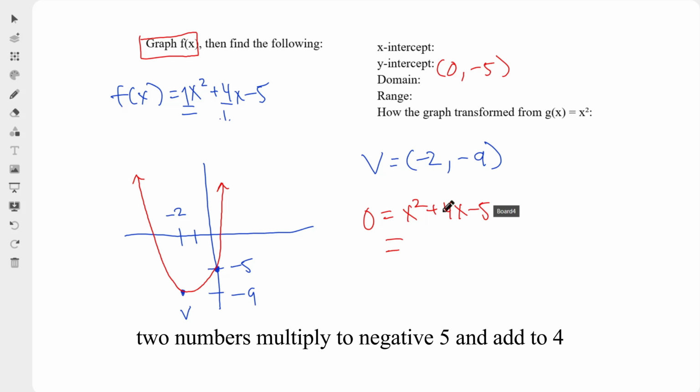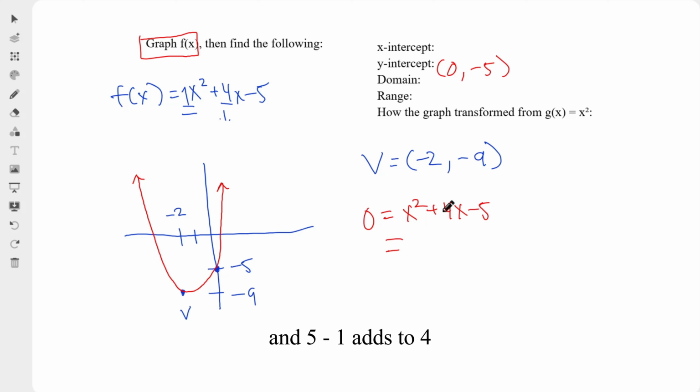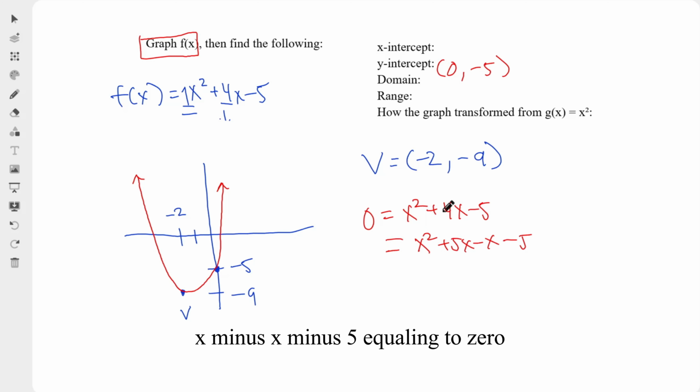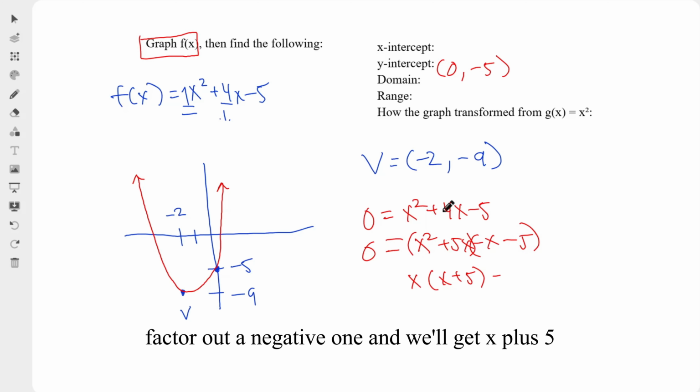So what two numbers multiply to negative 5 and add to 4? Well, 5 times negative 1 multiplies to negative 5, and 5 minus 1 adds to 4. So we'll get x squared plus 5x minus x minus 5 equaling 0. We'll go ahead and group our terms. Factor out an x, we'll get x plus 5. Factor out a negative 1, and we'll get x plus 5.